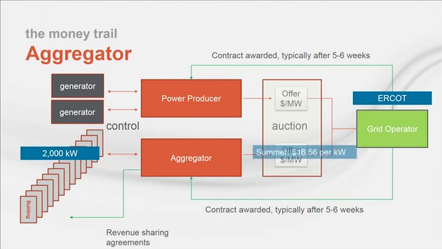The aggregator received payments from ERCOT of $33,000 in October for performance in the summer period in which no events were called, a payment in February of $36,000 for the winter period for which a single 30-minute event was called, and the industrial end user effectively reduced grid demand by over 2,000 kilowatts by switching to on-site generation and shutting off some lighting.